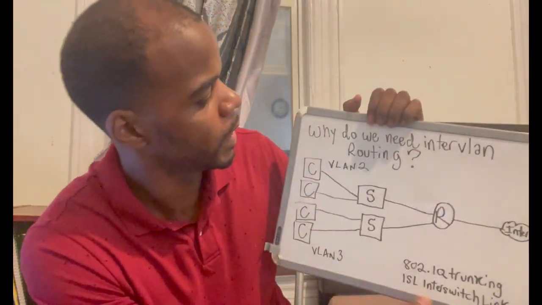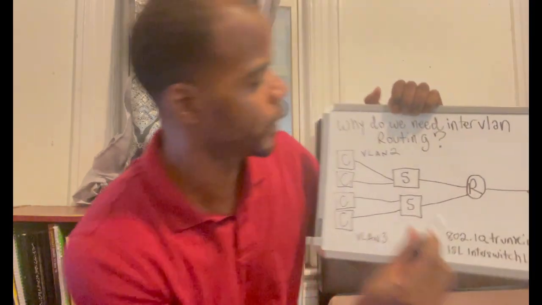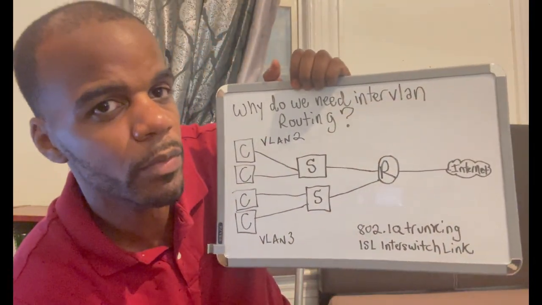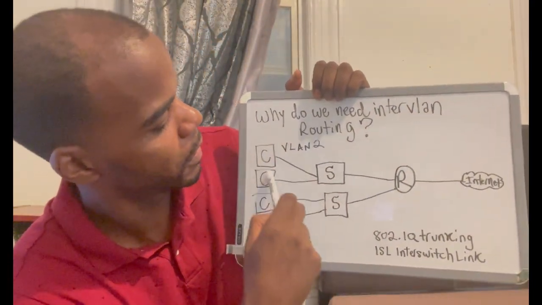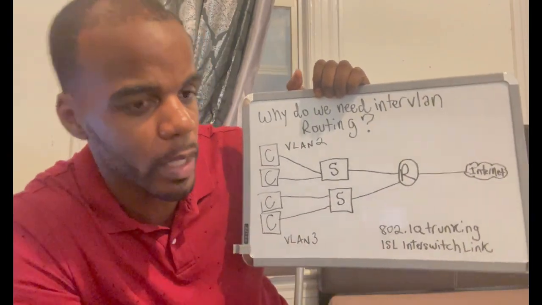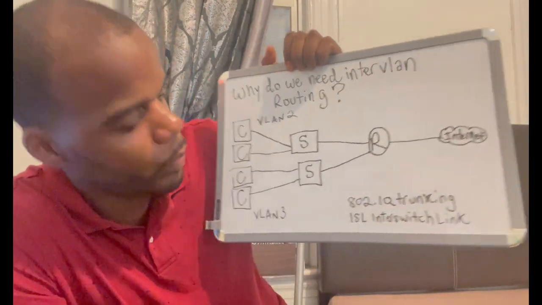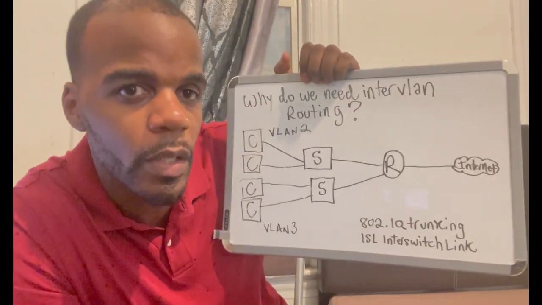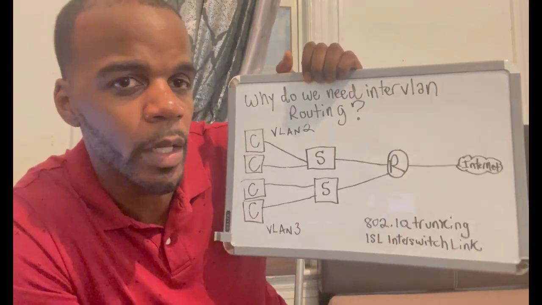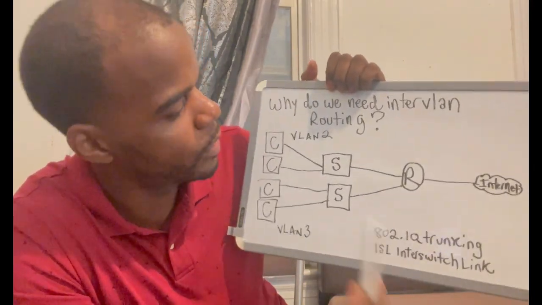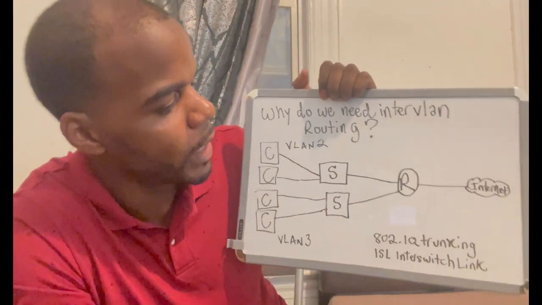So, for example, VLAN 2 is one broadcast domain. VLAN 3 is one broadcast domain. So we have two broadcast domains right here.